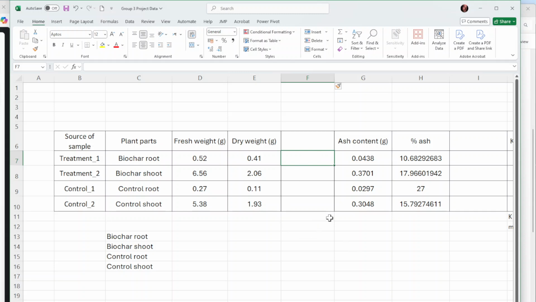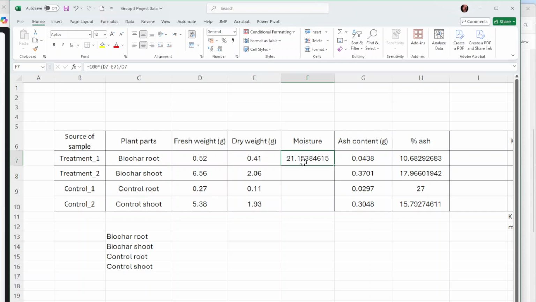So the moisture will be 100 times fresh weight minus dry weight, divided by fresh weight in this case.